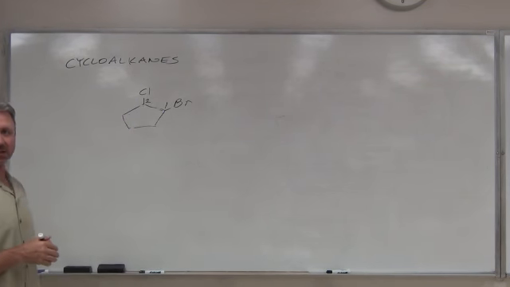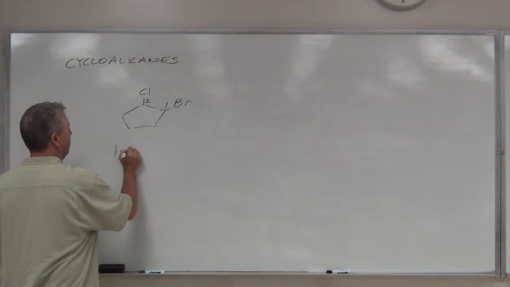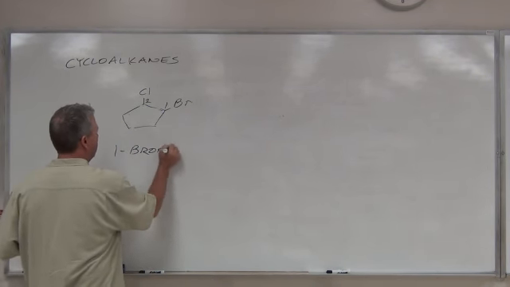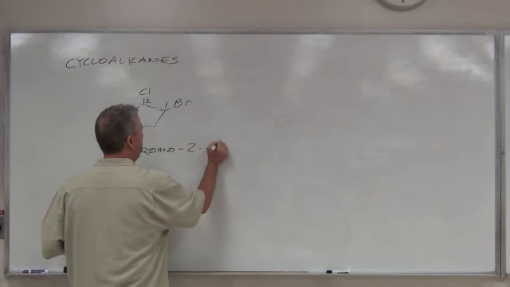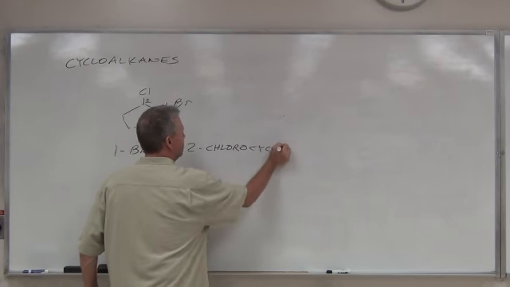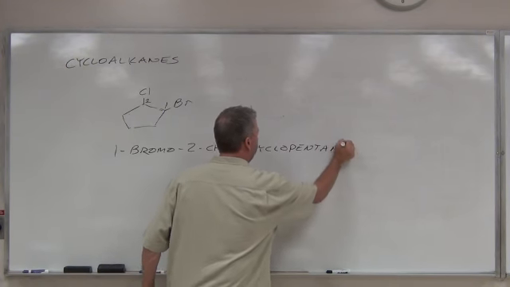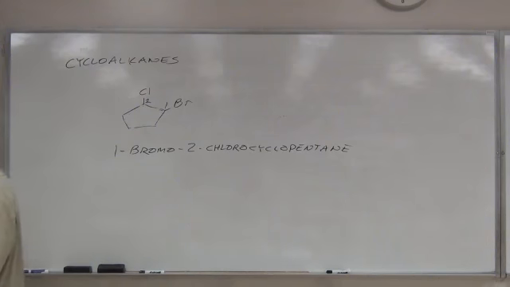Now you can name this a couple of different ways. You can say 1 bromo, 2 chloro, cyclopentane. Or can you do it without the one?